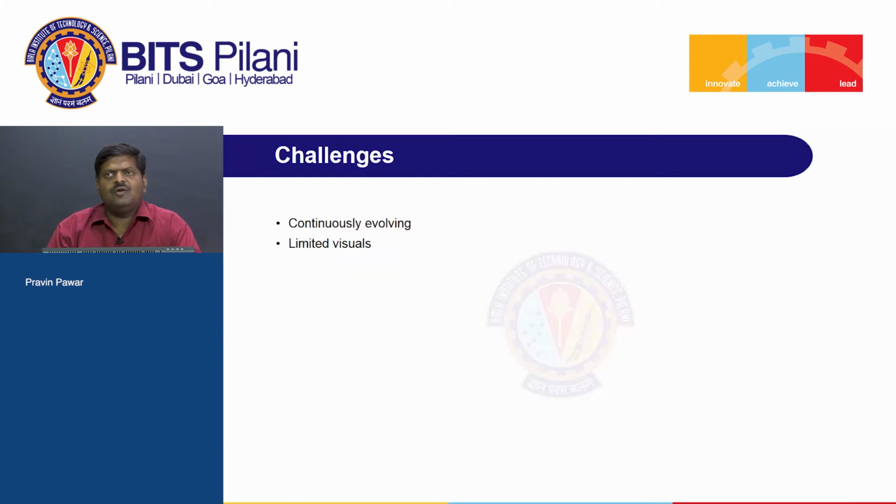That's an added advantage when somebody is thinking of moving from one JS library to Bokeh. But at the same time, it's a recent kid on the block, so there are some challenges to keep in mind. As new development is happening in this space, it's continuously evolving. That means whatever code you write today for rendering a visualization may not work as it is after a few versions of this library.